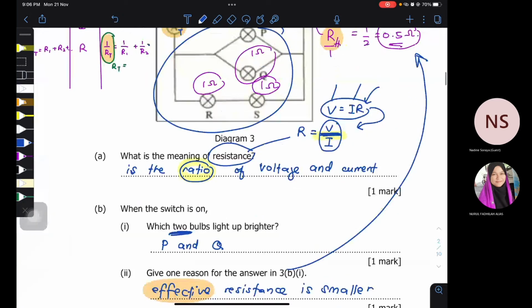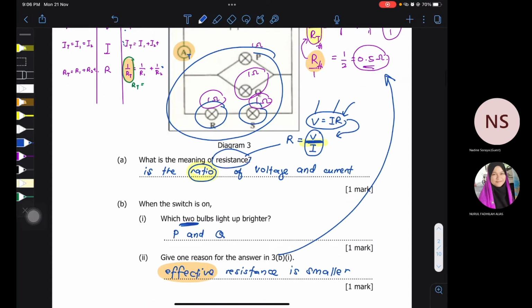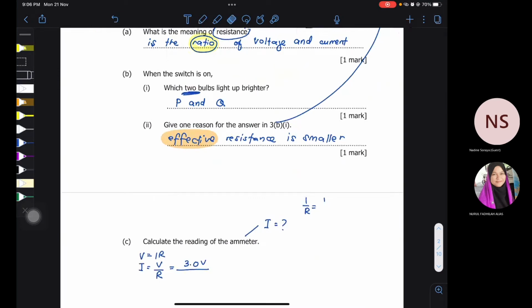Kita calculate kat sini kan. Yang ini ada 2 kan, ni 2. Jadi dia akan jadi 1 over 1 plus 1 over 4. Okay. So tambah kat ni, tekan calculator je. So 1 over 1 plus 1 over 4 sama dengan, tekan calculator. Jadi kan bila tekan calculator dapat berapa? For this one. 1 plus 1 over 4. Dapat berapa?